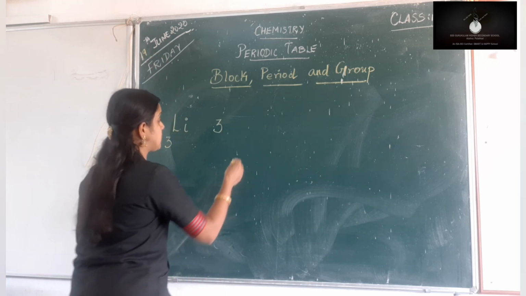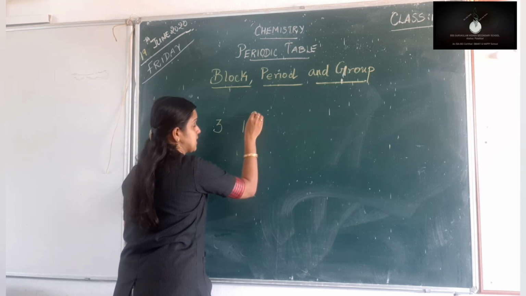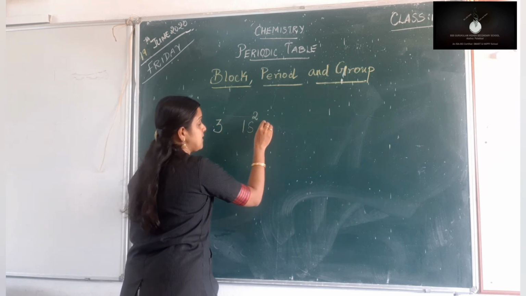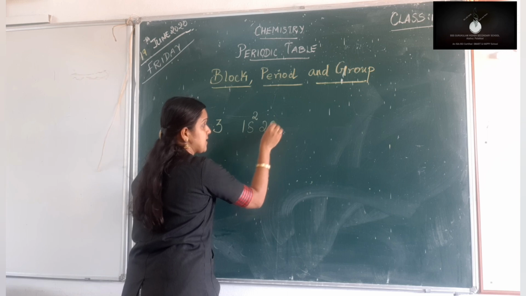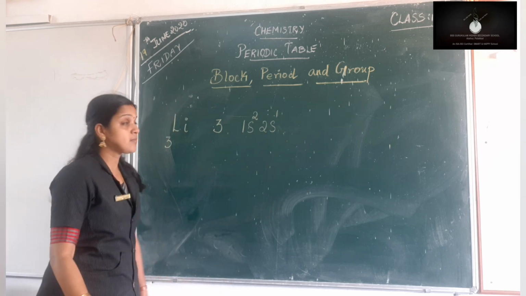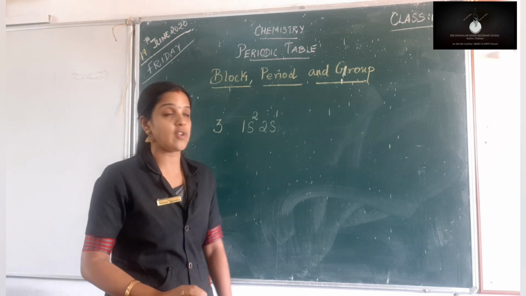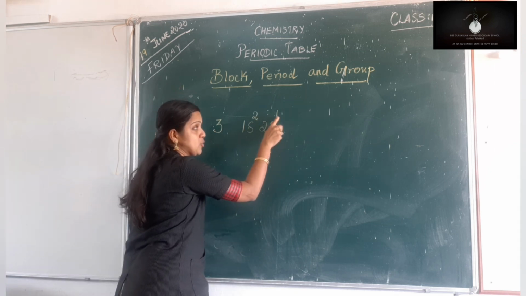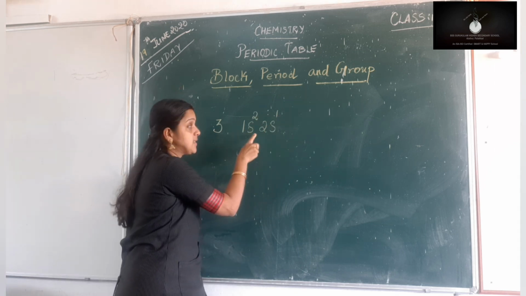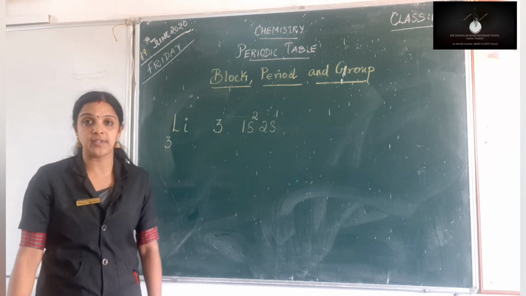So how do we write it now? 1s2 and 2s1. Am I right? Because how many electrons do we need? We need only 3 electrons, so it becomes 2 plus 1, 3. So this is the subshell electronic configuration.